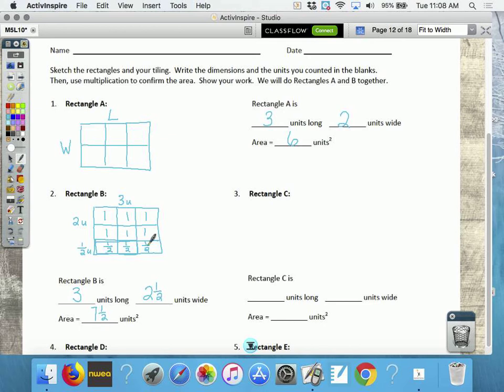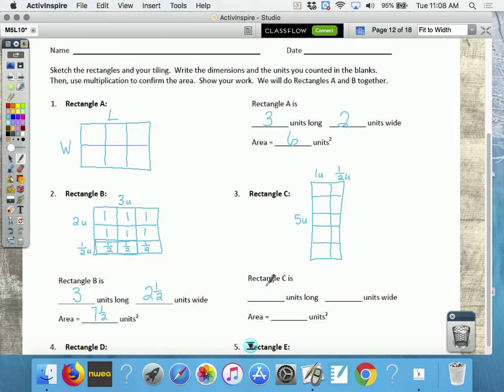Rectangle C, was it tall and skinny? And I'm not doing it perfect, am I? Show me rectangle C on yours right here. So we had this, didn't we? And it was 5 units, and this was 1 unit and a half. So they're wanting you to add those up.